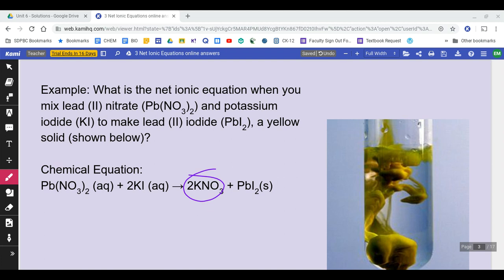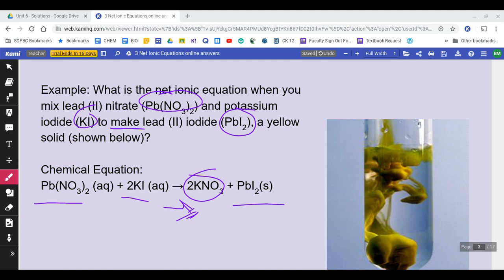So in this case, they tell us we're taking this lead nitrate that's given to us. They tell us that in the question. We're taking KI, or the potassium iodide, and then they tell us we're making PbI2. So those are all things they told us in the question: PbNO3, KI, and we're going to make PbI2.